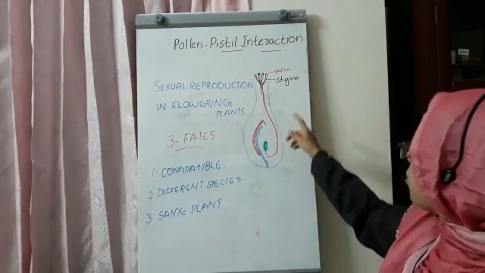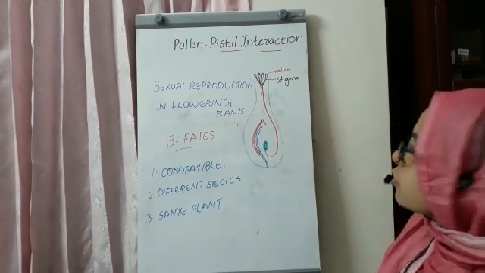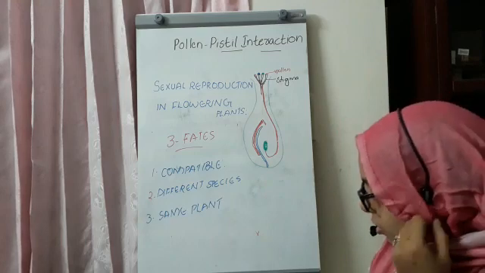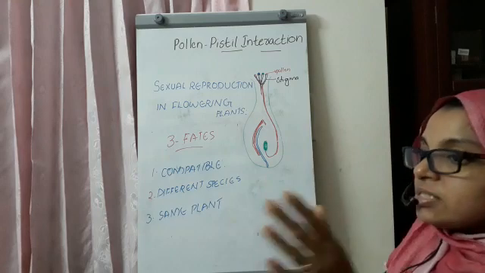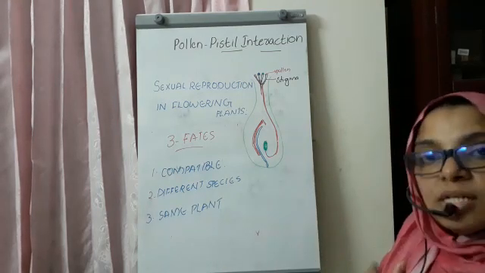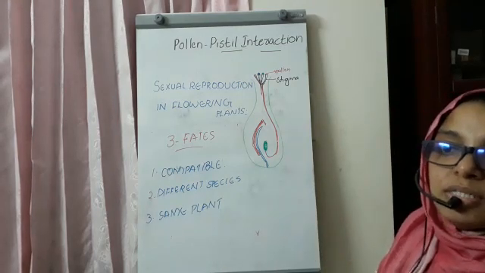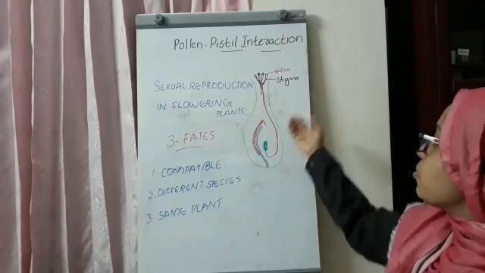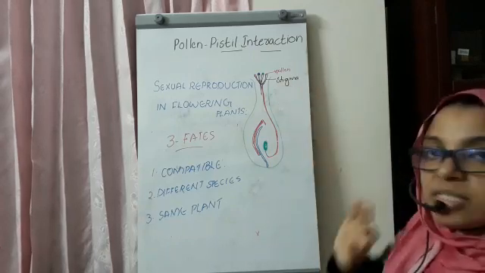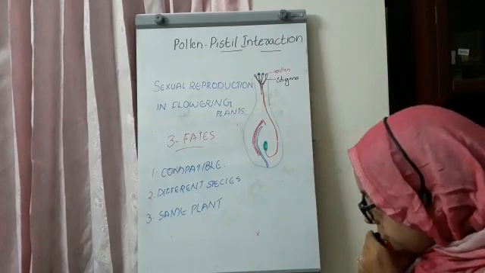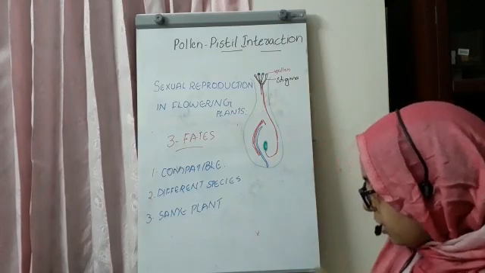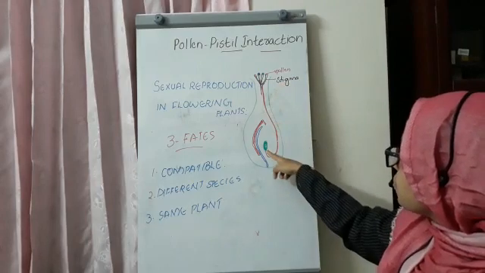Pollen pistil interaction is the group of events that occur from the time of pollen deposition. These events may occur after the deposition of the pollen onto the stigma, up to the entry into the ovule.